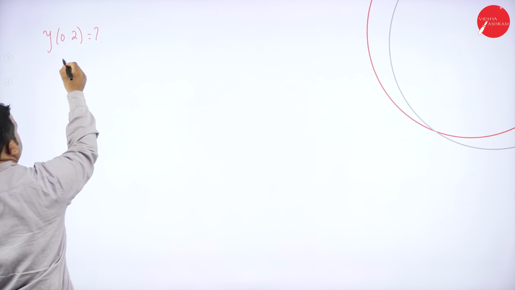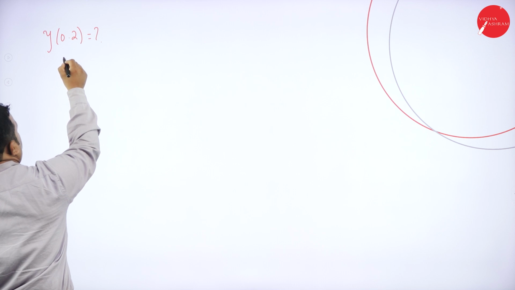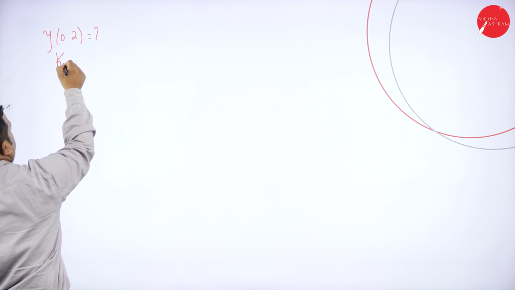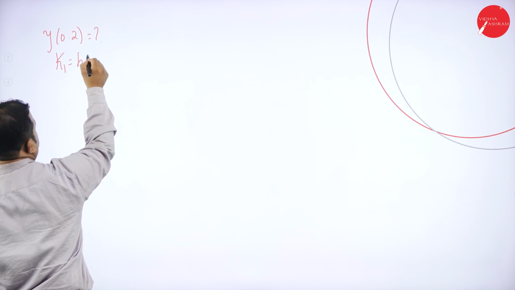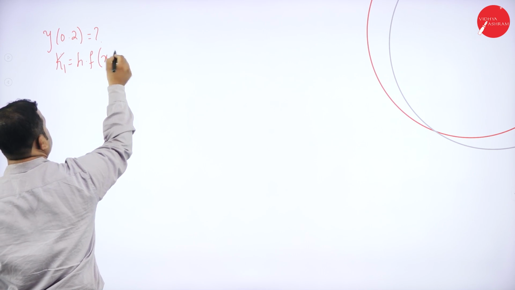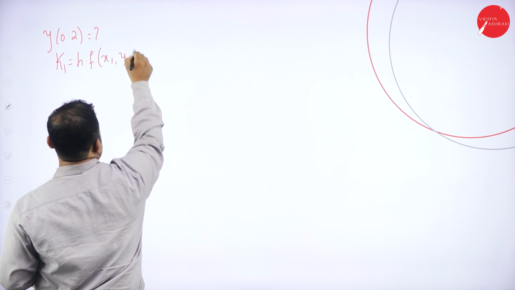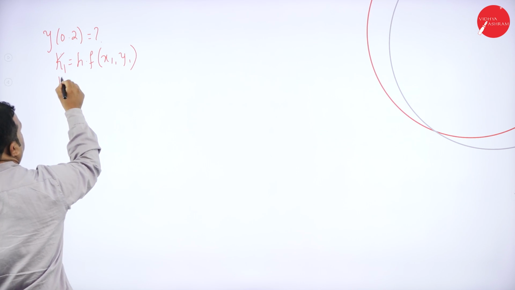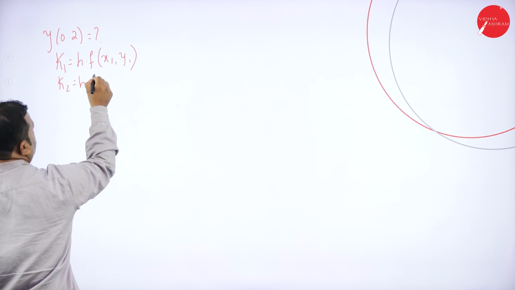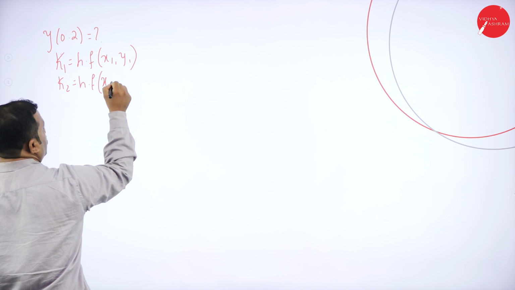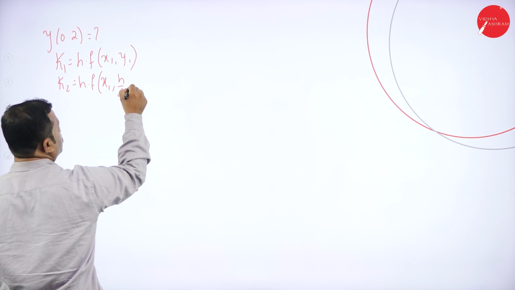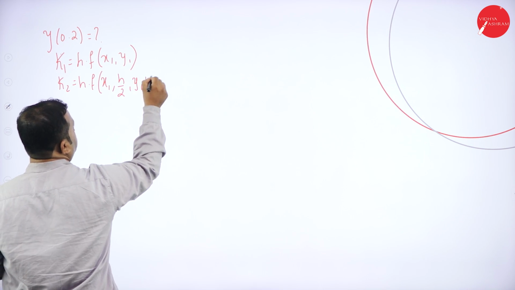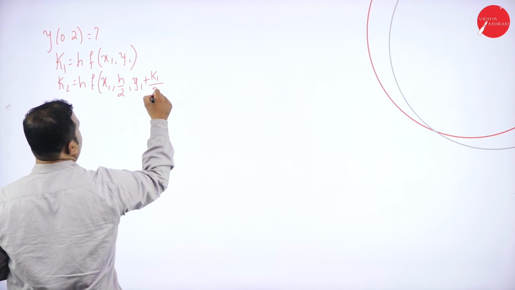The formula for this is again k1 is equal to h into f of x1 comma y1. That is the previous value is considered. If that is the case, k2 is equal to h into f of x1 plus h by 2 comma y1 plus k1 by 2.